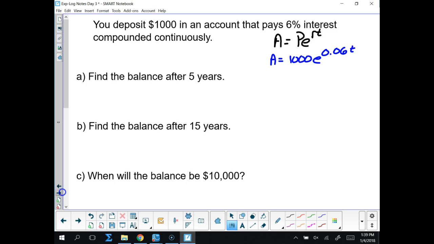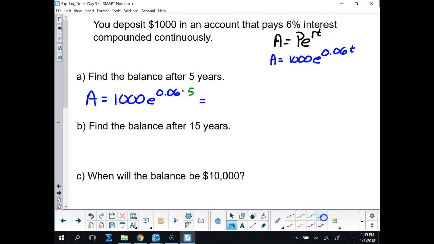So, it says find the balance after 5 years. Well, A is going to equal 1,000 times E to the 0.06 times 5 power. What do we get? 1,000 E to the 0.06 times 5 power.